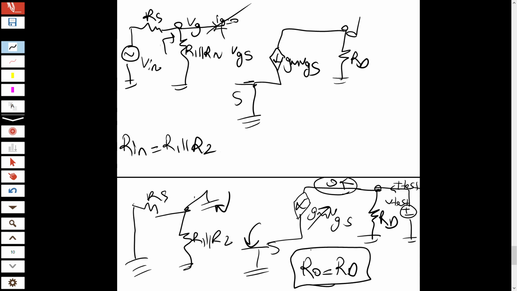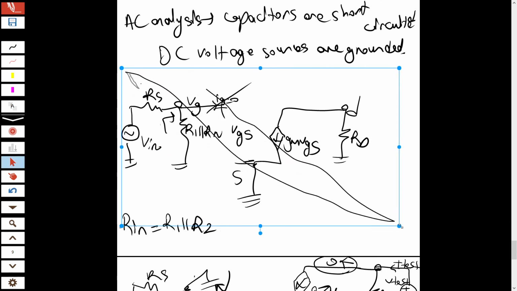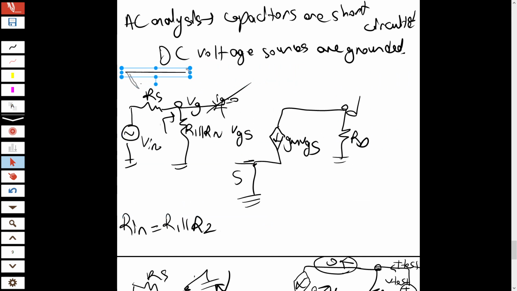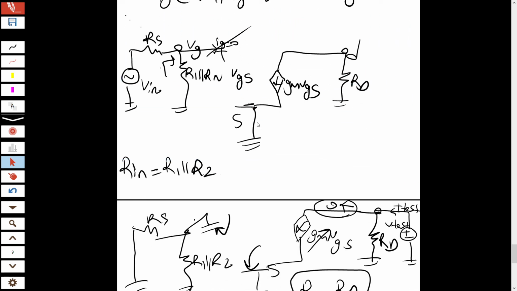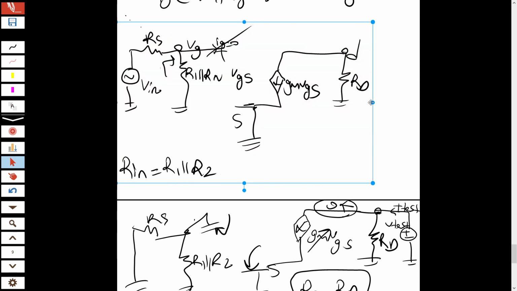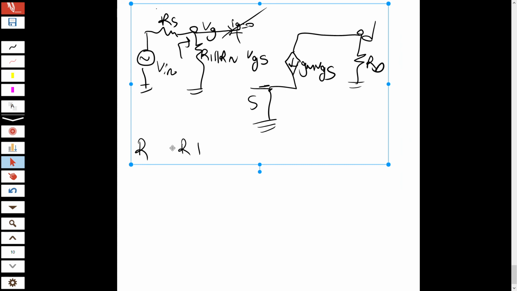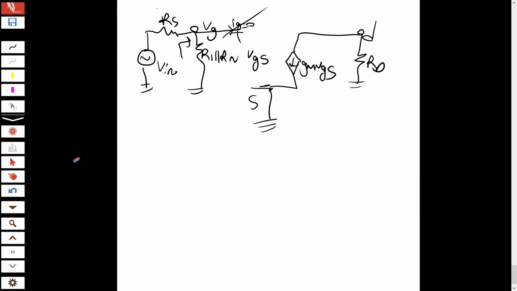So one last thing remained, which is gain. How can I find the gain? So I will copy this. To calculate gain, gain is equal to V output over V input.